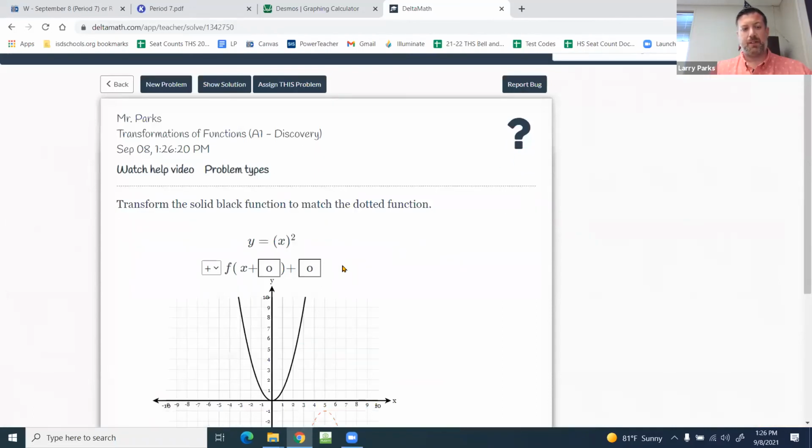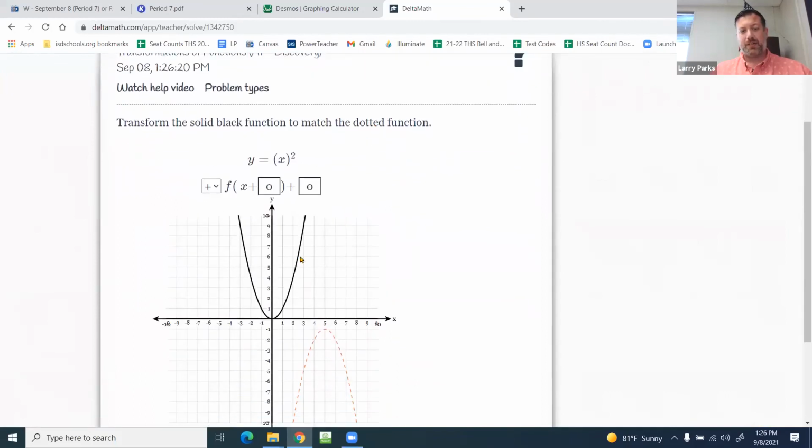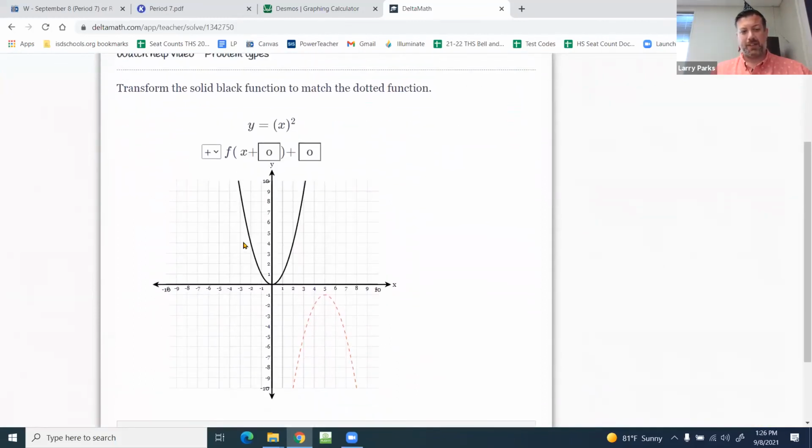Okay. So transform the solid black line to match the dotted line. So you start off with this. First thing you want to do is you want to change the symbol in front to flip it over. It's called a reflection over the x-axis. Watch this. It's going to flip over. All right. Now here it moves it left and right. I want to move it to the right 5.